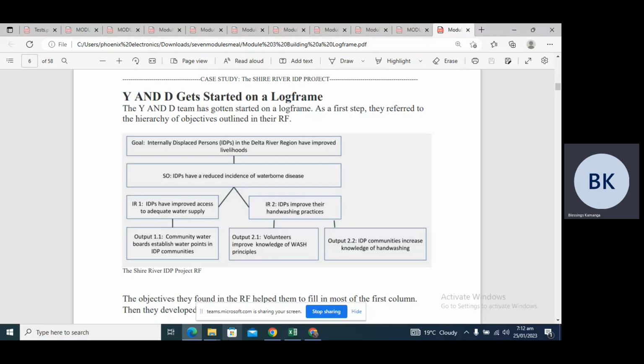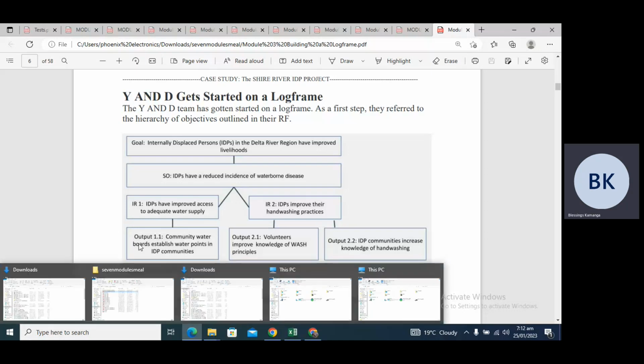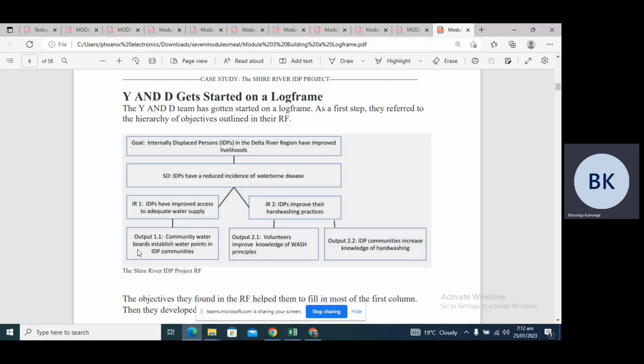The first output is that community water boards establish water points in the community. And then we'll have an activity, which will probably be to select the water boards. So the activity will inform the output, and the output will inform the intermediate result, which will inform the strategic objective and inform the goal. That's basically how we're looking at it.